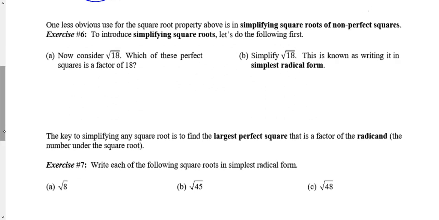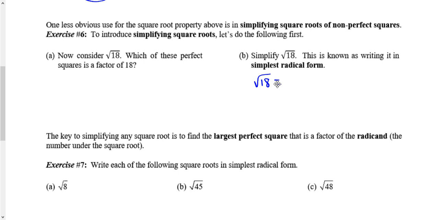All right, now we got one that's a little more like we did on the page, right? Square root of 18. Let's skip over to part B because we've already done this. What is the biggest perfect square factor of 18?